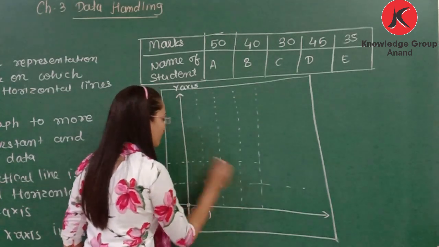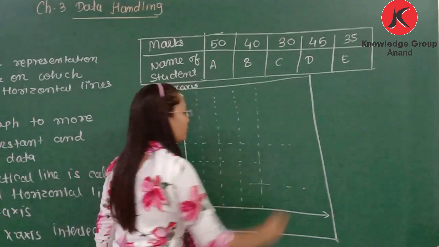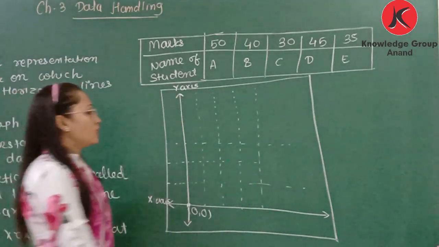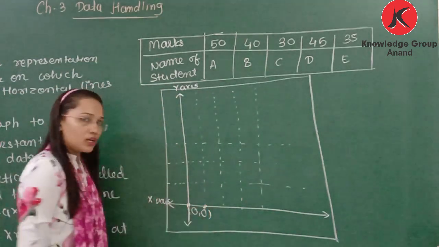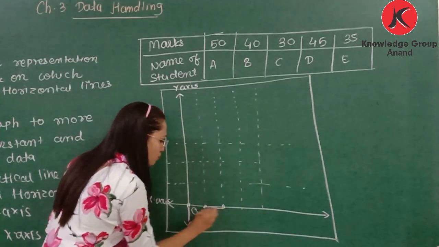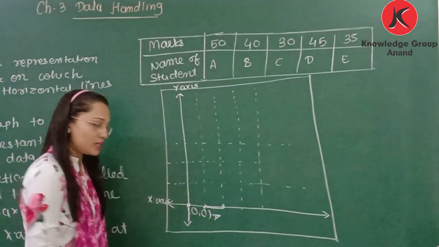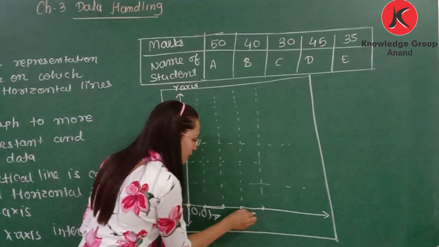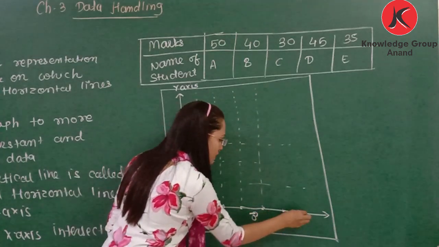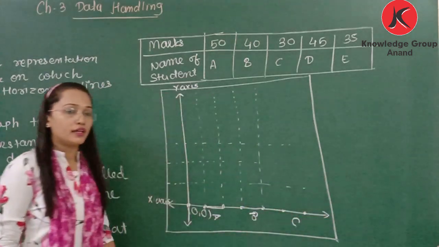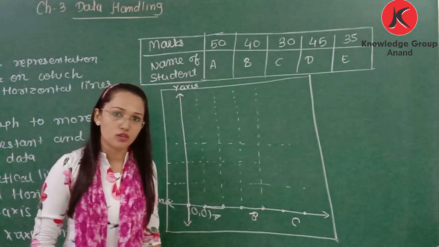So here, let's say this box is for alphabet A, here for student B. Now this part is for C, you can further draw it for D and E also.